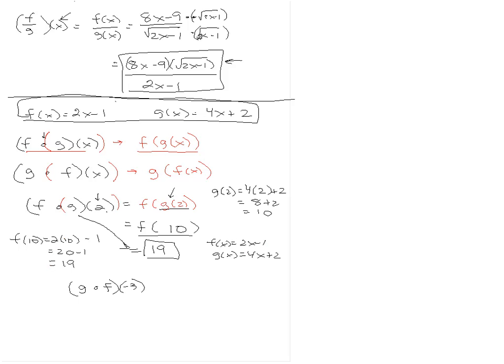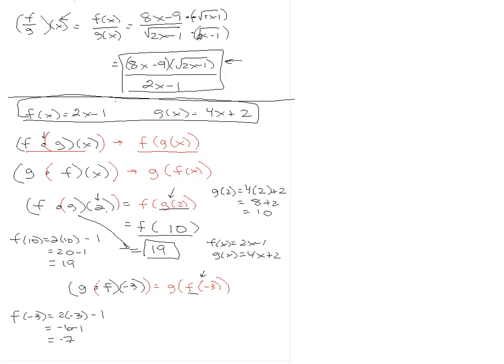All right, let's put this here. So really, you're looking for g of f of negative 3, okay? And we're going to work from the inside out. So the first thing we have to find is f of negative 3, which means wherever there is an x, you put a negative 3. So you get negative 6 minus 1, which is negative 7.